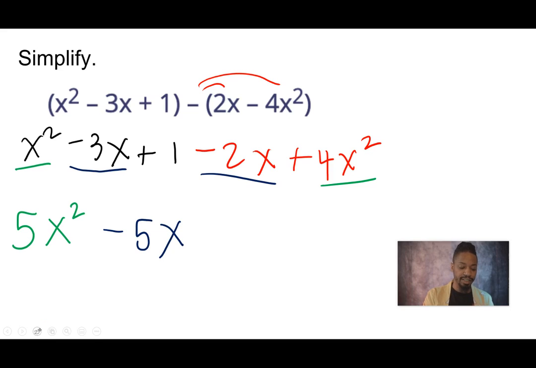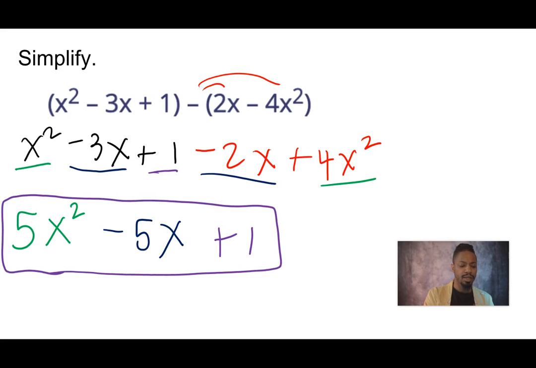Then for constants, we just got that 1 plus 1. And that's how we simplify that one when we have to distribute before we combine like terms. We distribute, then we combine the like terms. That's how we do that problem.